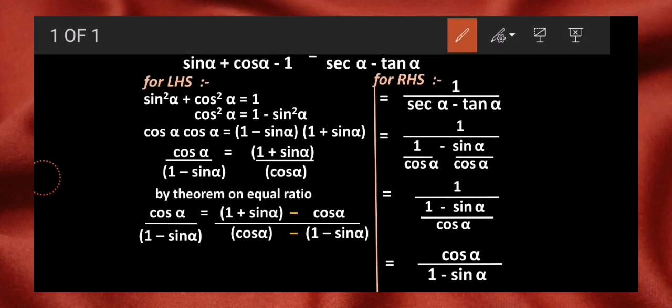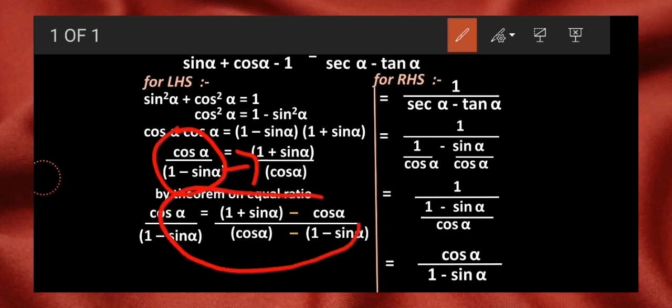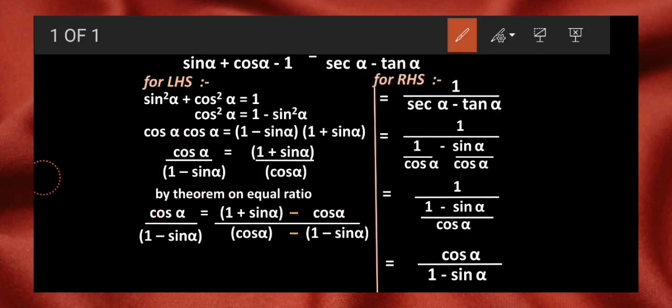The first one from the second one, and only then we can get the sign, and that is written over here in front of you. I have written 1 plus sine alpha, this fraction first, just a sec, this fraction first, and then I have written this fraction after the negative sign, and that is what we need to observe carefully.